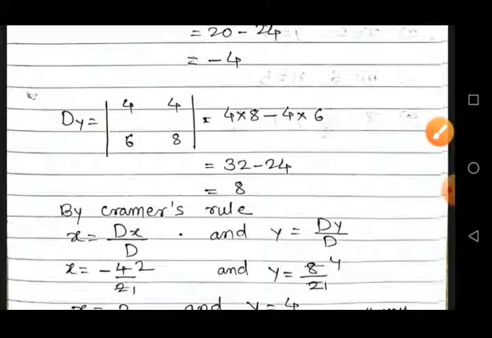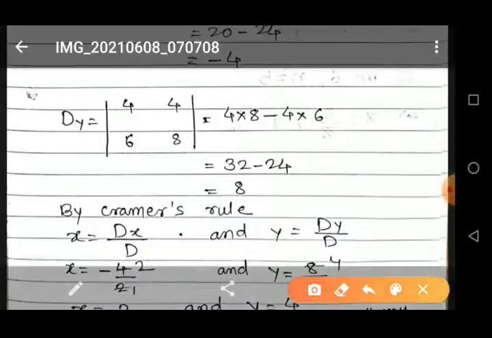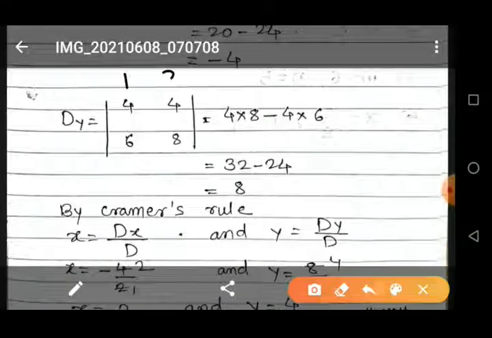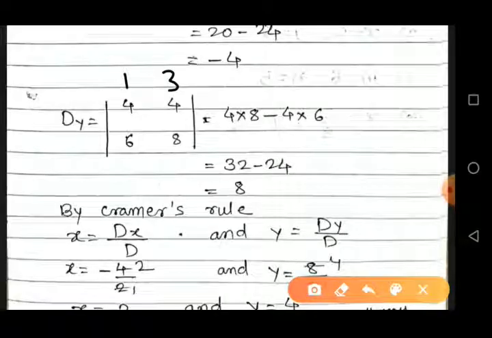Determinant Dy, write down the square arrangement of the numbers in the determinant in between two vertical lines. Column 1 means values of a1, a2, and column 2 means c1, c2.